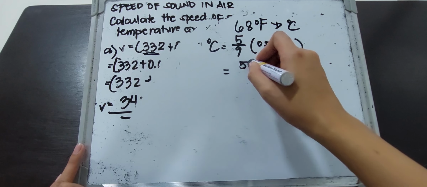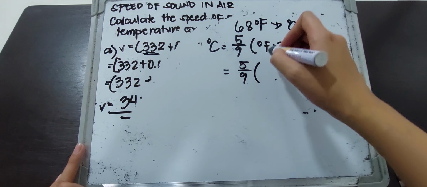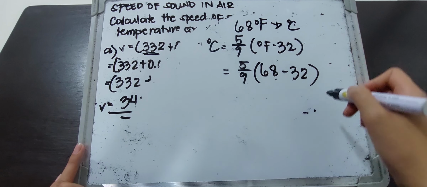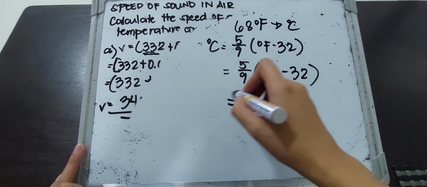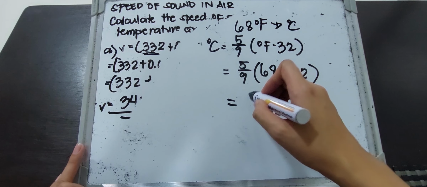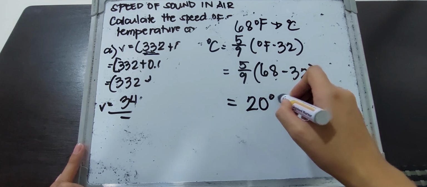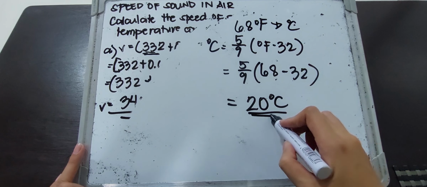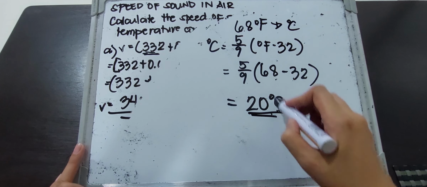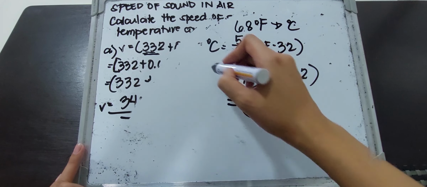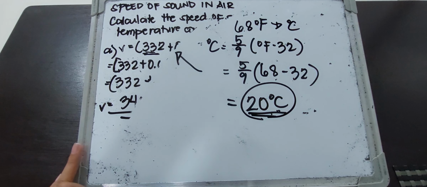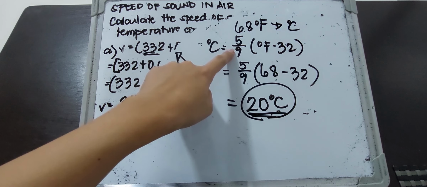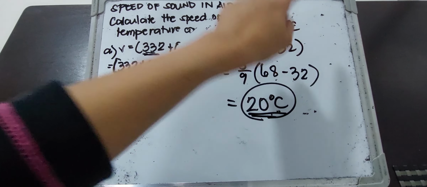So 5/9 times 68 minus 32. If you encode this in your calculator, the answer is 20 degrees Celsius. So 68 degrees Fahrenheit is equal to 20 degrees Celsius. Then we will use this in our formula. So this is the formula when we convert Fahrenheit to Celsius.